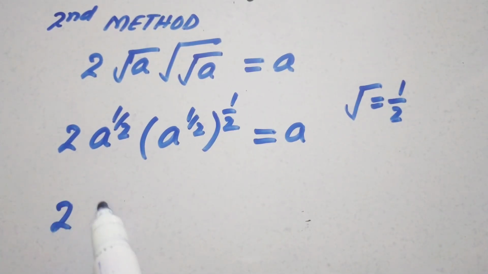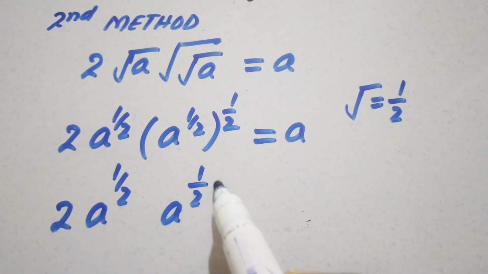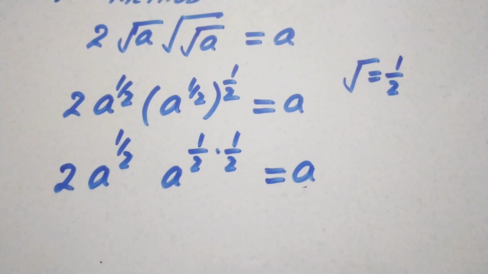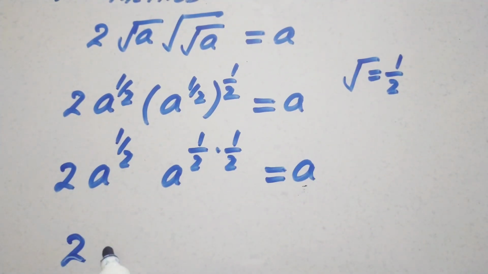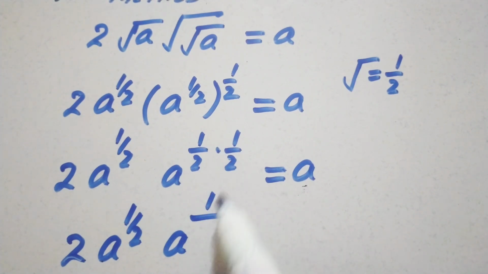So now 2 into a power 1 by 2 into a power 1 by 2 multiplied by 1 by 2, this is equal to a. So now 2 into a power 1 by 2 and this will become a power 1 multiplied by 1, 1 and 2 multiplied by 2, 4 is equal to a.